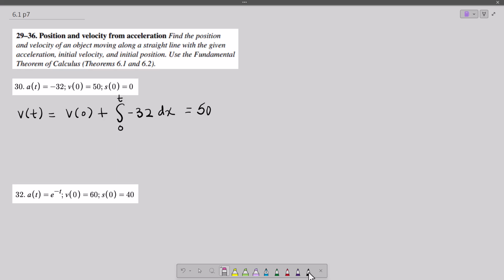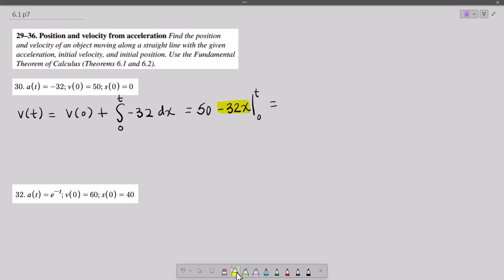So this is going to be negative 32x, and that will then have limits of integration from 0 to t. Now here again, we have to be careful because the antiderivative is this piece.